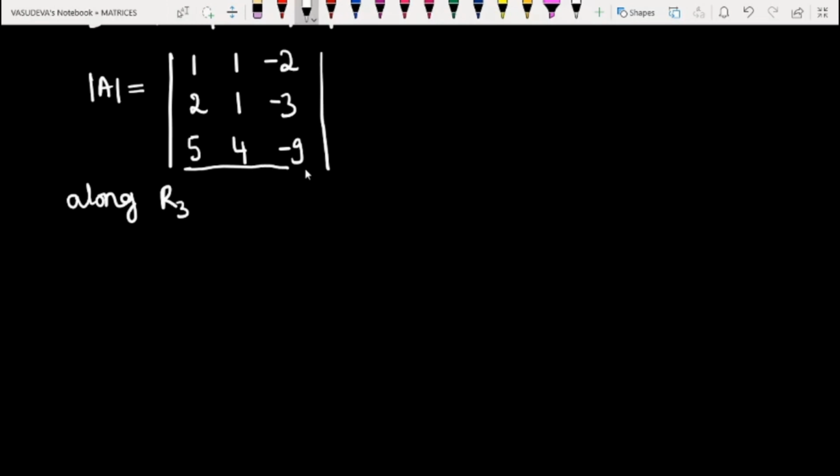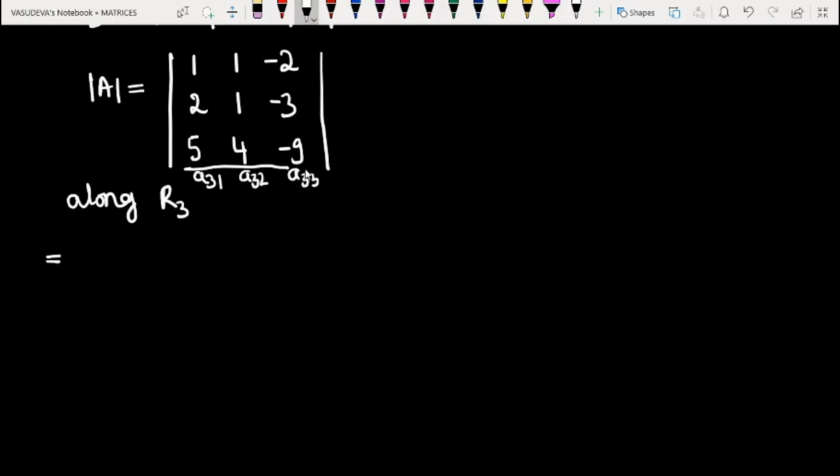Now what should the sign scheme be for this? This is an element that lies in the position A31, this is an element in the position A32, and this is in the position A33. So now we are expanding this.